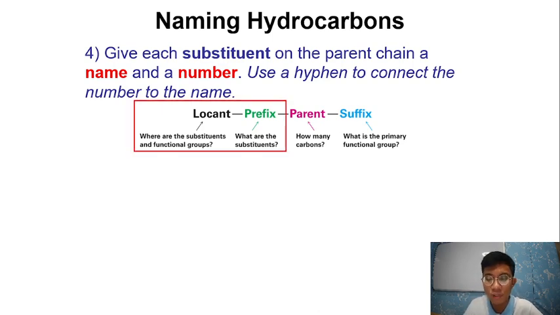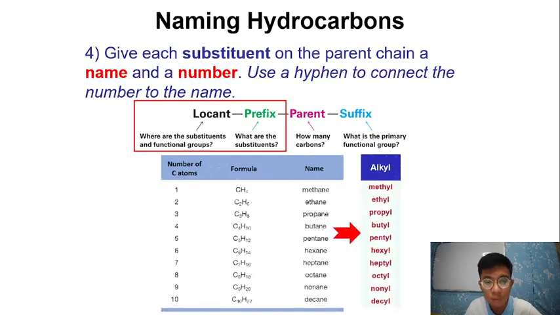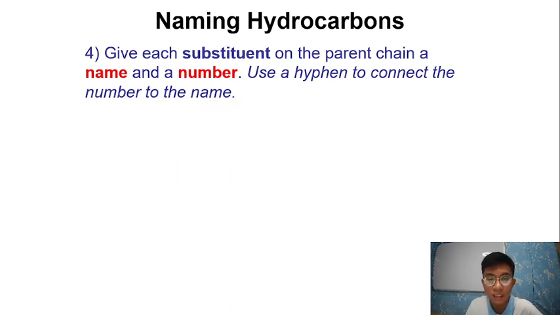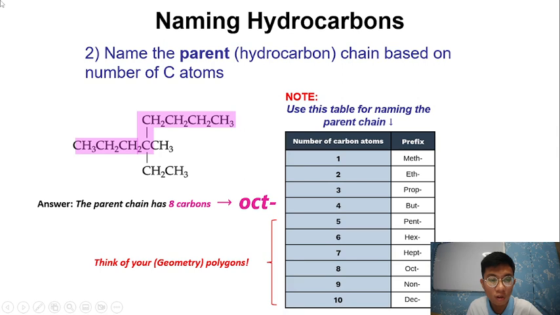Pag-uusapan natin yung locant at prefix, dito ay dapat munang malaman ninyo yung possible names ng ating mga substituents. Sa ating slide kanina, okay? Ito, di ba ito nga yung parent chain.